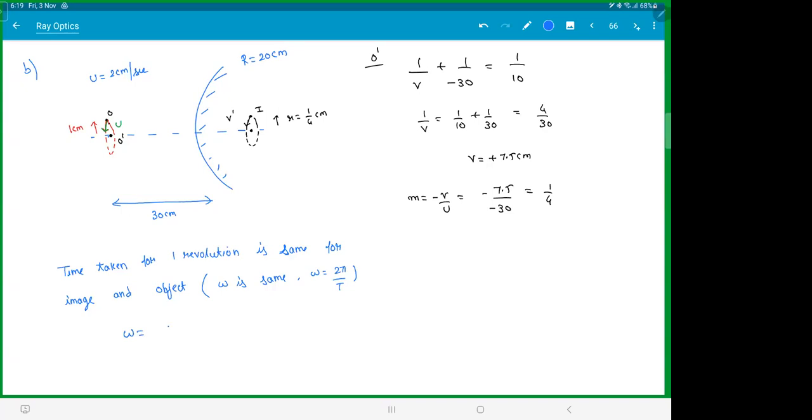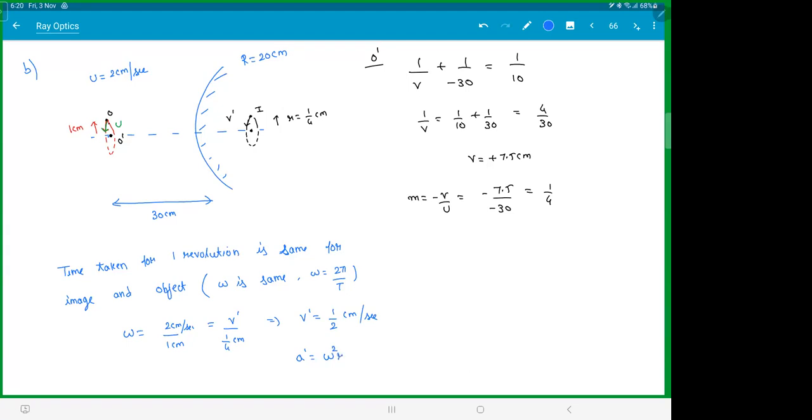And then, angular velocity initially is u by 1 centimeter. This will be 2 centimeter per second. That will be v dash by 1/4 centimeter. So v dash will be half centimeter per second. What is acceleration?